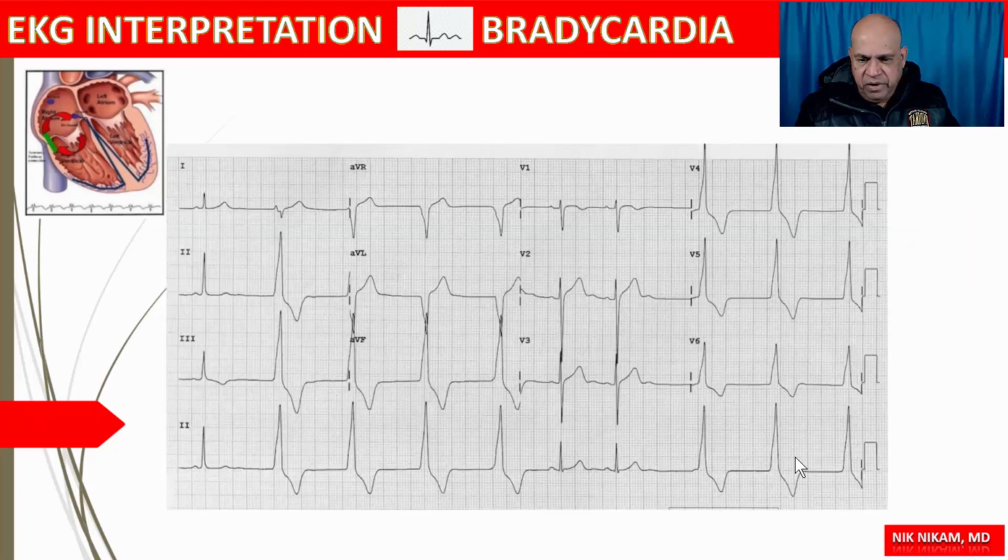Here's another example of idioventricular rhythm with some sinus beats in between. As I explained, this is a wide QRS complex with discordant ST-T changes.